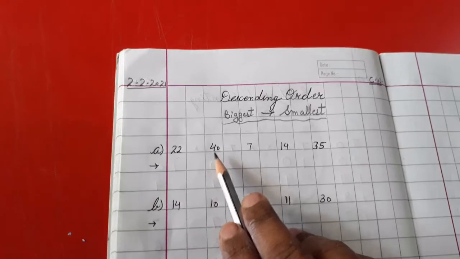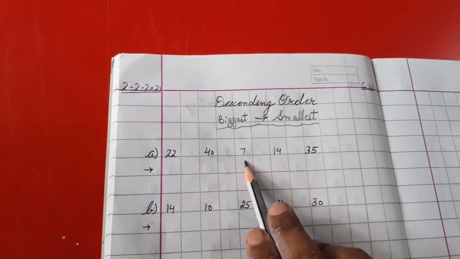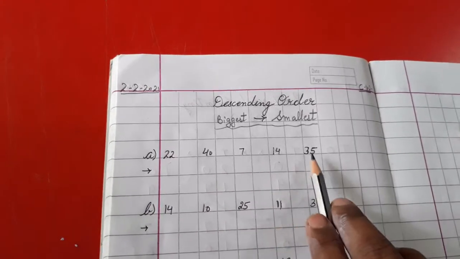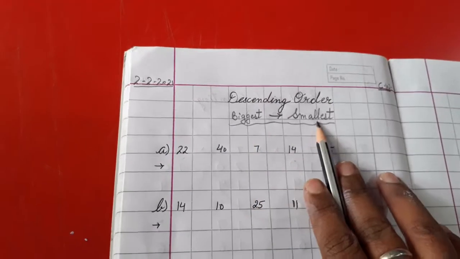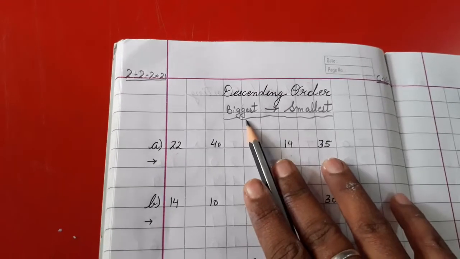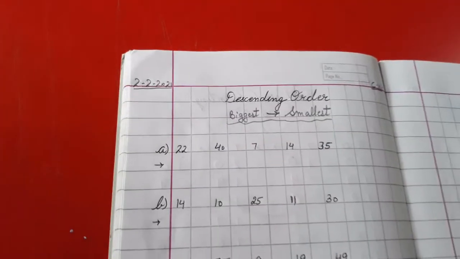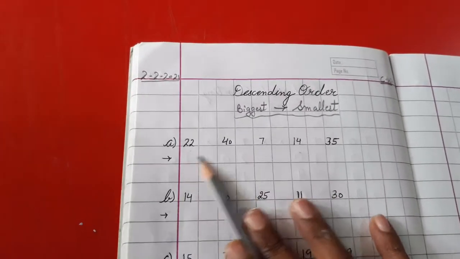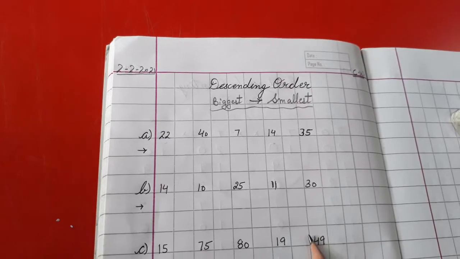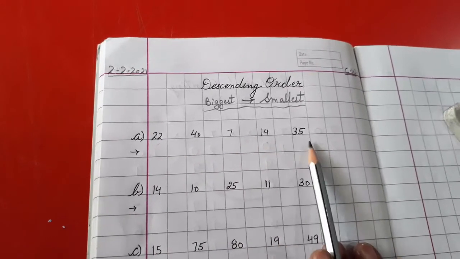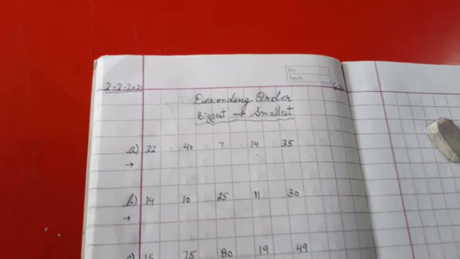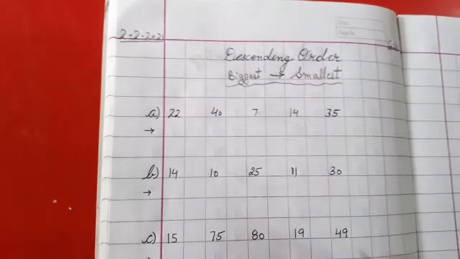22, 40, 7, 14 and 35. So we have to arrange from biggest to smallest. That means every time first we will see the biggest number. So can you tell me which is the biggest here? 22, 40, 7, 14, 35. So the biggest number we have here is 40.